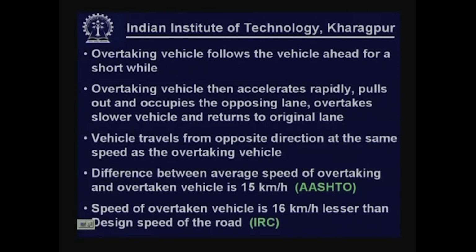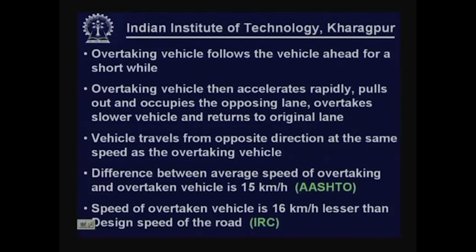Then a vehicle travels from the opposite direction at the same speed as the overtaking vehicle, because remember that we are talking about two-lane roads with two-way traffic movement. So, obviously, there is a possibility that a vehicle is also approaching from the opposite direction, and the required sight distance will also depend on the speed of the vehicle from the opposite direction.